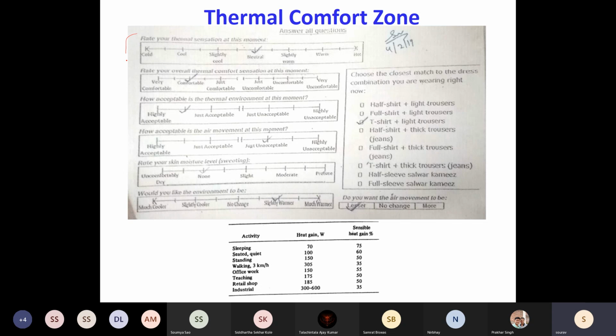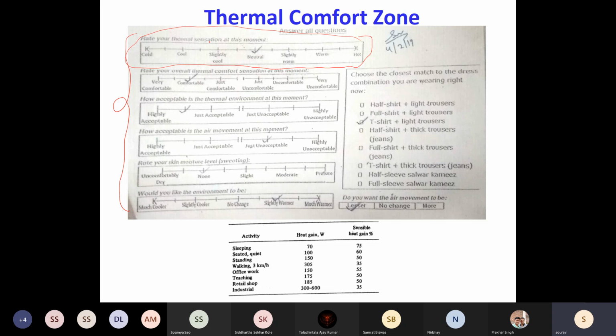And these are the questions as per the ASHRAE standard. So you see, it is all subjective, and from this subjective data we have to come up with some objective numbers.